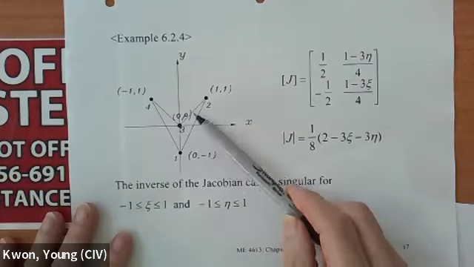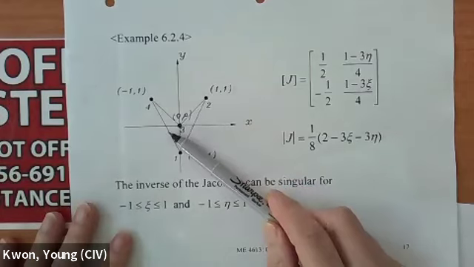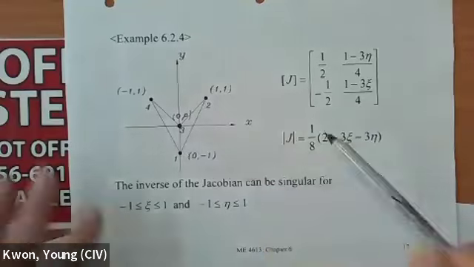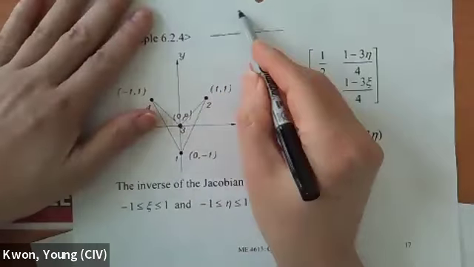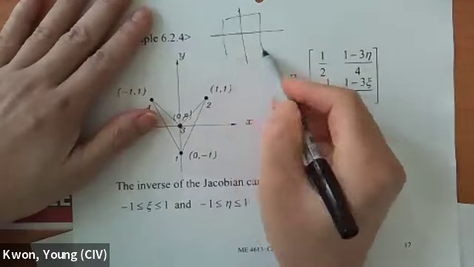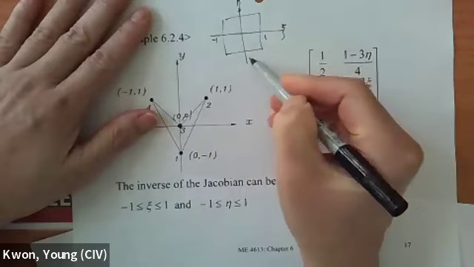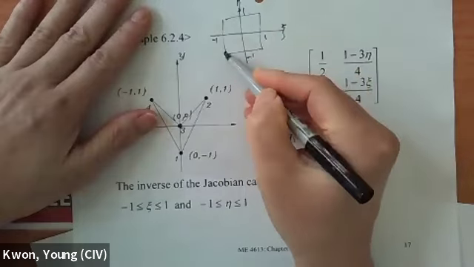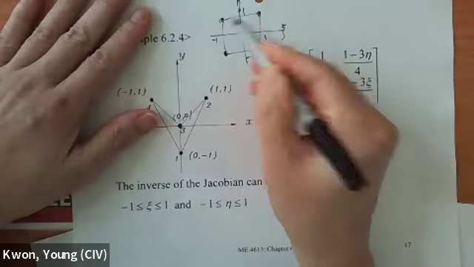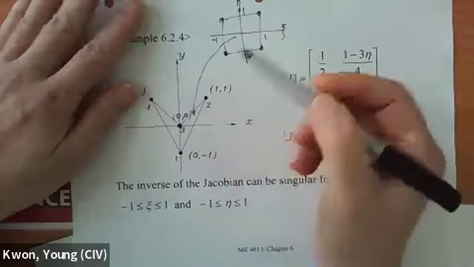This is still a four-sided geometry, 1, 2, 3, 4. And of course, your natural coordinate system is always referenced from -1 to 1, like 1, 2, 3, 4. This is mapped into here.